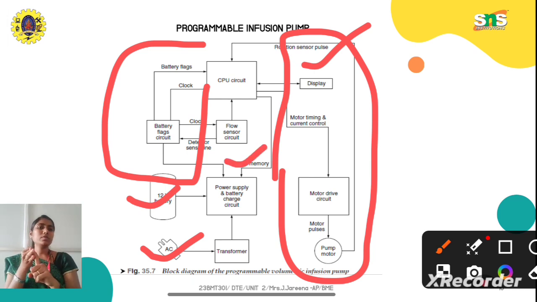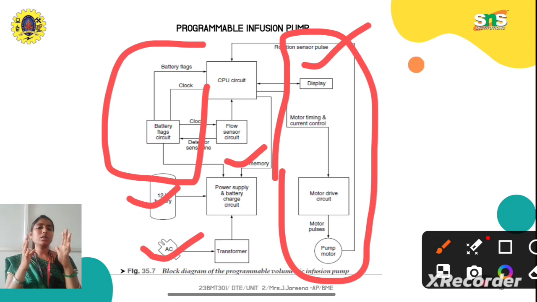This flow sensor circuit senses how the flow is happening, whether it is normal or abnormal, or whether the flow rate being delivered matches the preset value. The values sensed by the flow sensor are given to the CPU unit.